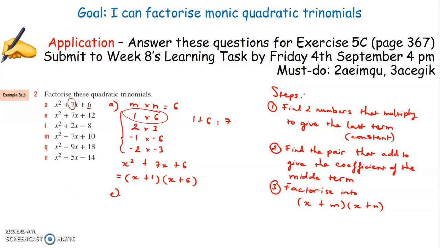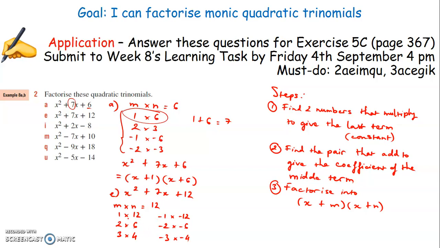Next we have E. Let's try this again. We have x squared plus 7x plus 12. Two numbers that multiply together to give us 12: we have 1 times 12, 2 times 6, and 3 times 4, and of course the negative versions of those.